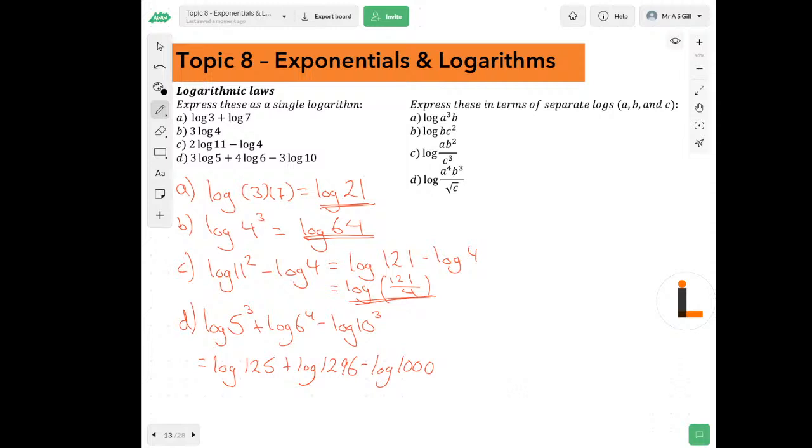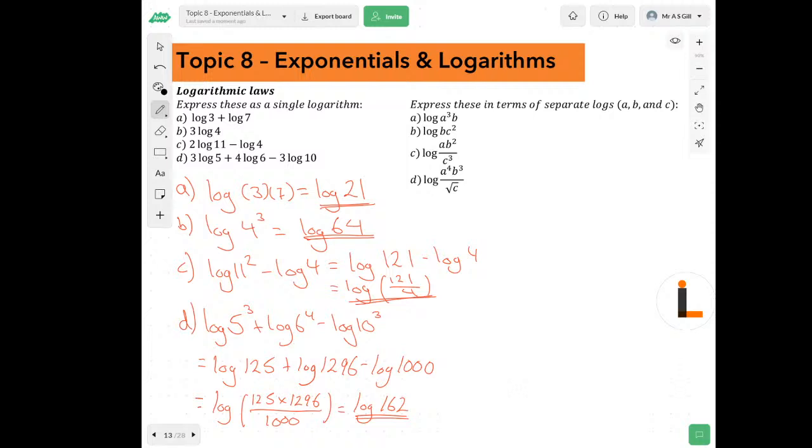And then lastly, we want to combine them and bring them all together. So this would be the log of 125 multiplied by 1296 divided by 1000, which leaves us with this as our final answer there.